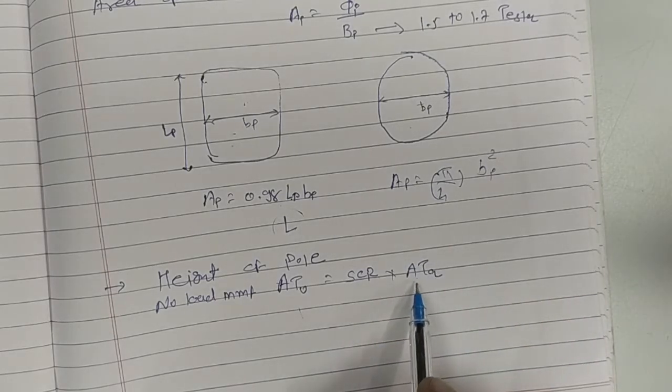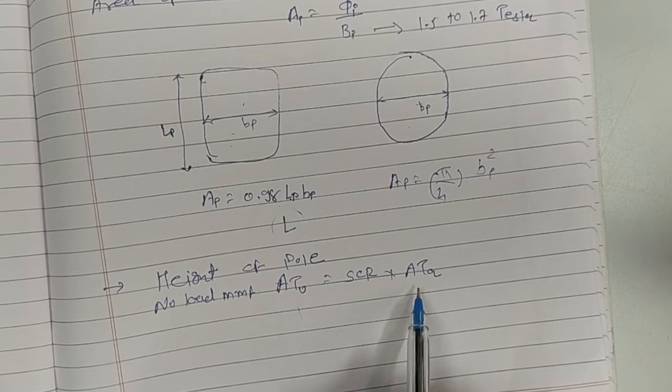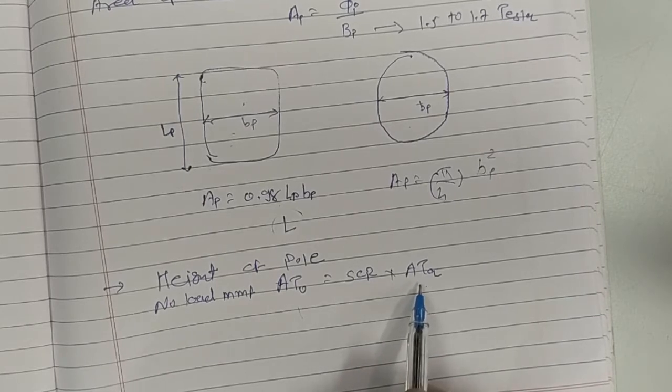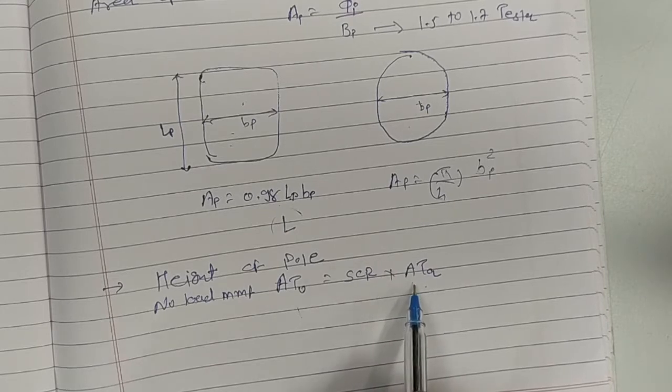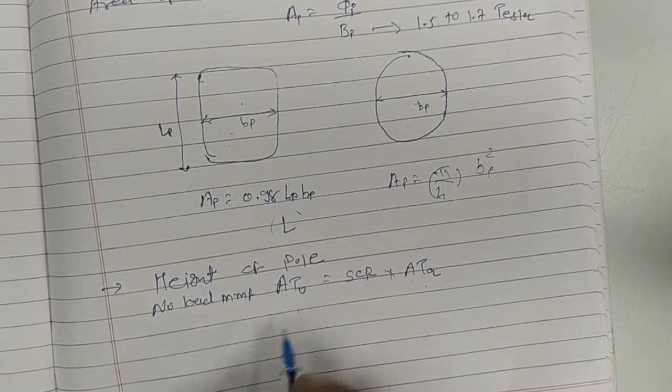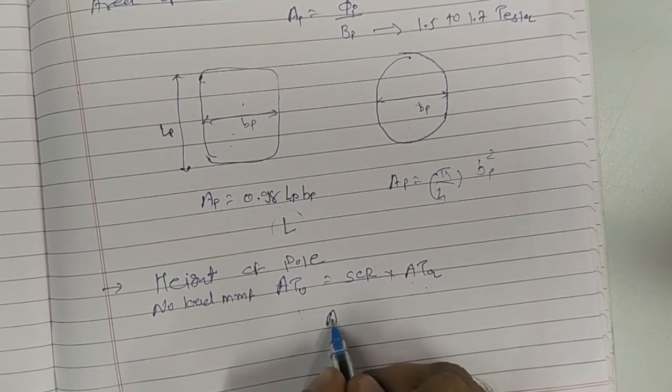So again this is unknown for you, but once you have conducted the open circuit characteristic test on your synchronous machine, you will be able to know this from the graph itself. Or one method is also there to calculate it.